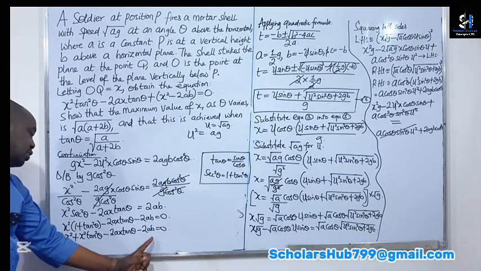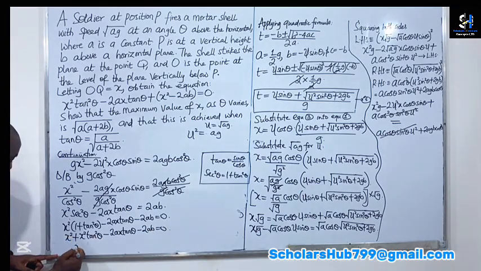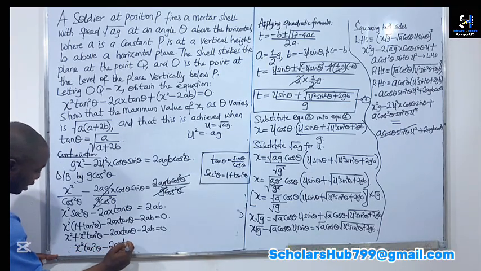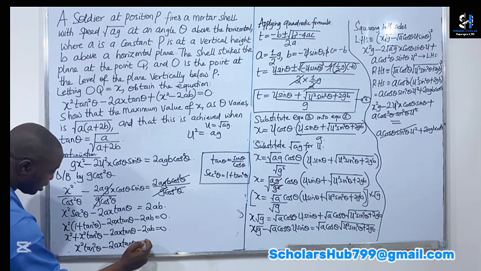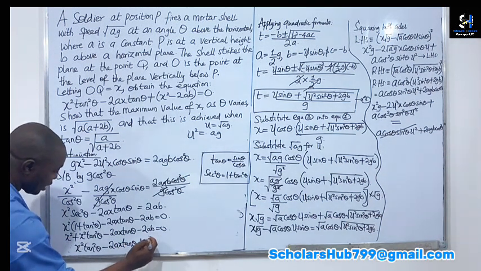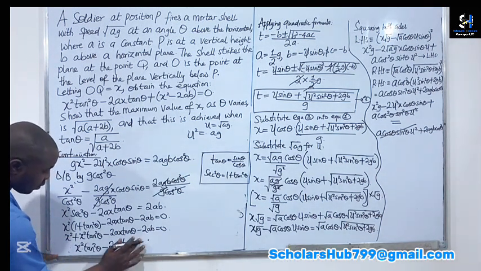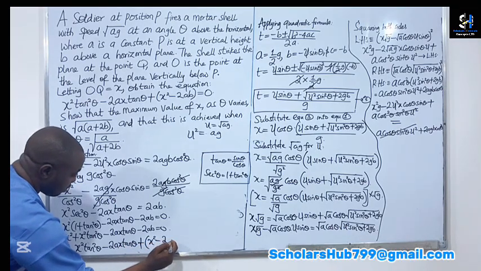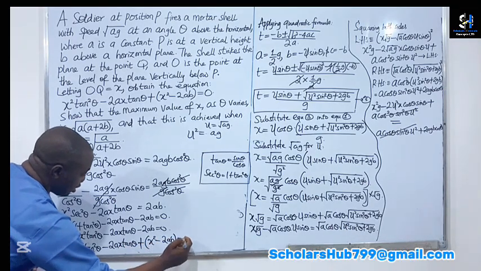I'm going to move this here so that we can have the equation to be x squared tan squared theta minus 2ax tan theta, then plus x squared minus 2ab equals 0.